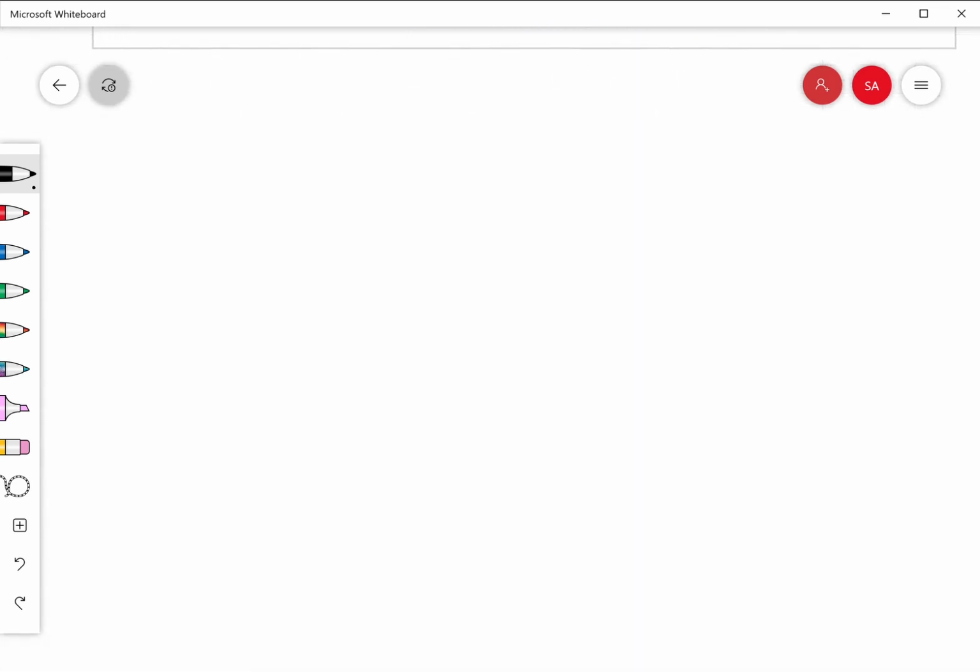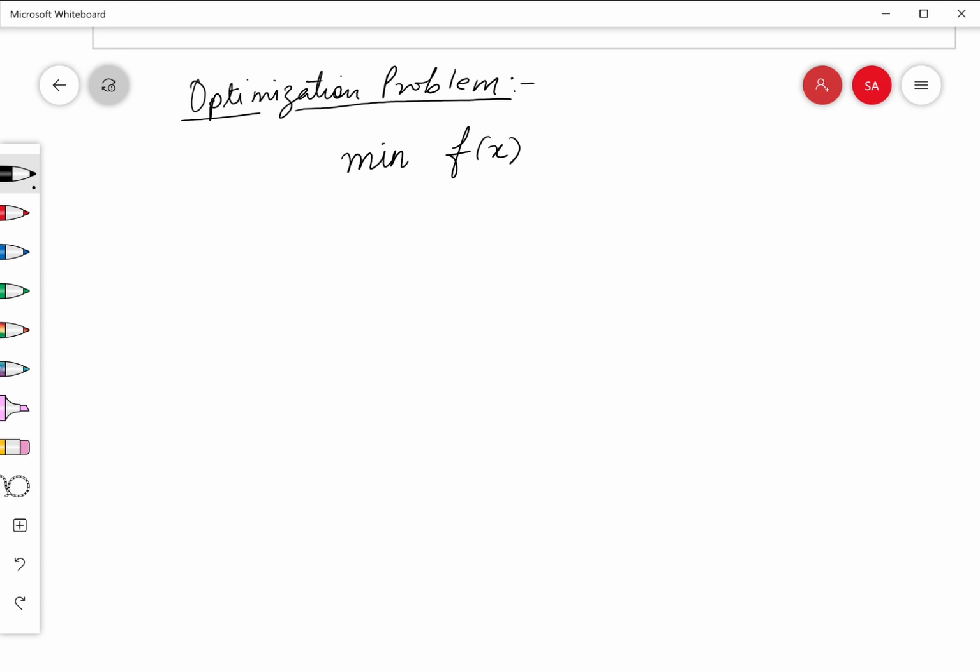So, how can we write a very general optimization problem? It can be written in this form. You want to minimize f of x. I said last time you can also maximize f of x, or this is equivalent to maximizing minus f of x. And then you have some constraints.